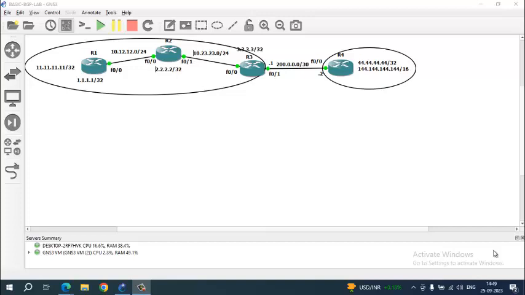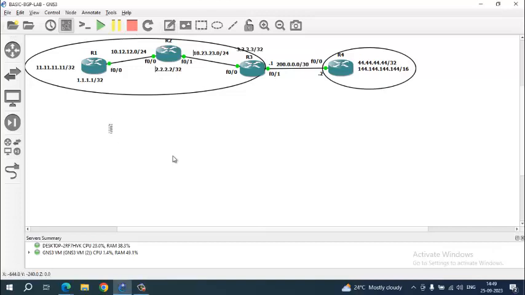One thing I want to begin with is BGP is a TCP based routing protocol. Because it is a TCP based routing protocol, the neighbors need to be reachable. But the neighbors do not have to be directly connected. I would like to repeat.